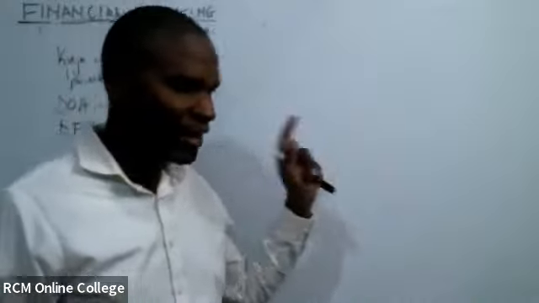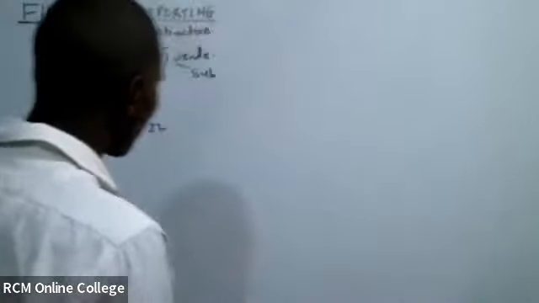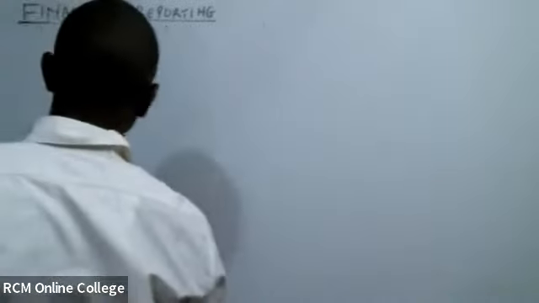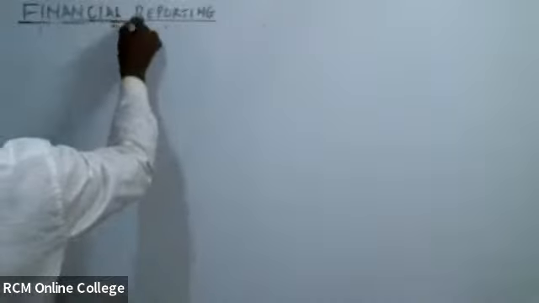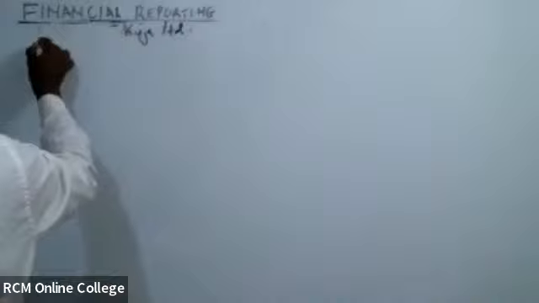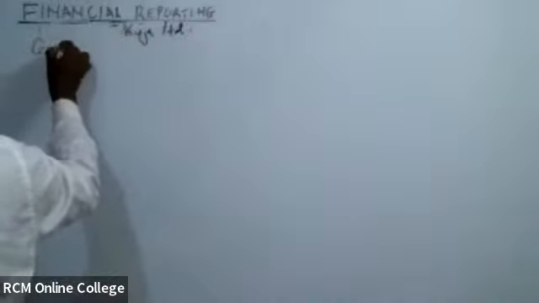Now with that information, class, I can move direct to having my pro forma. I just have my EAS Limited group consolidation.